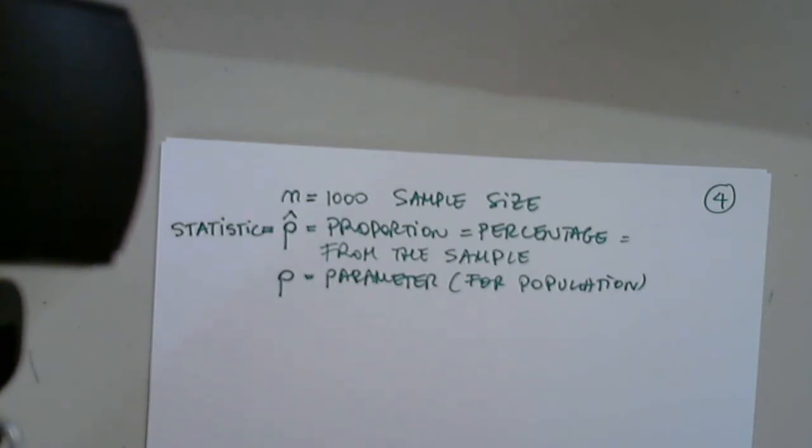Yes. Part B. Is the percentage provided a descriptive statistic or an inferential statistic? Would it be descriptive? Absolutely, because it comes from the sample. We haven't made any inferences about p for the parameter.